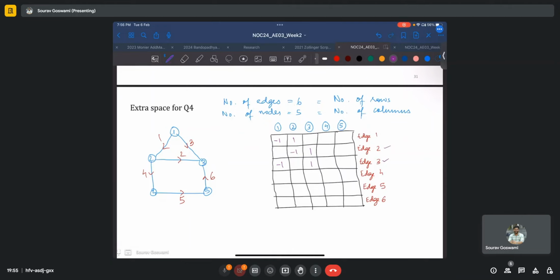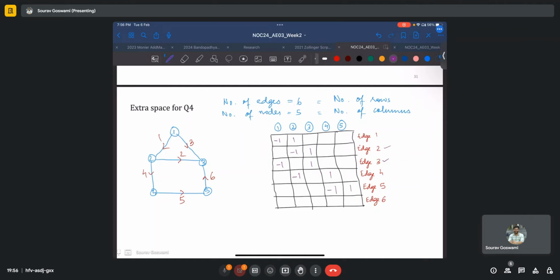Edge 4 goes from node 2 to node 4. So corresponding to node 2, we put -1, and corresponding to node 4, we put +1. Edge 5 goes from node 4 to node 5. So under the column corresponding to node 4, -1, and the column corresponding to node 5, +1.